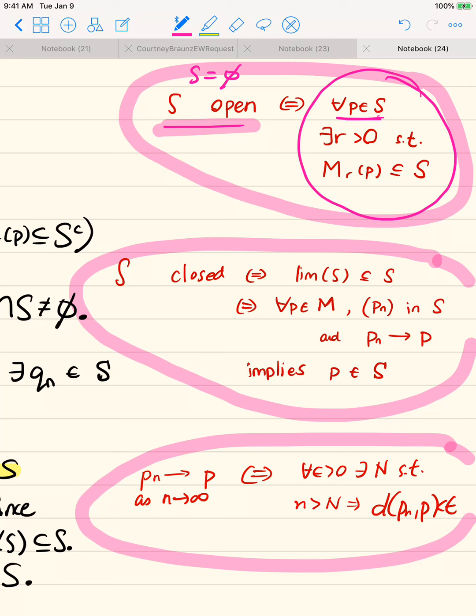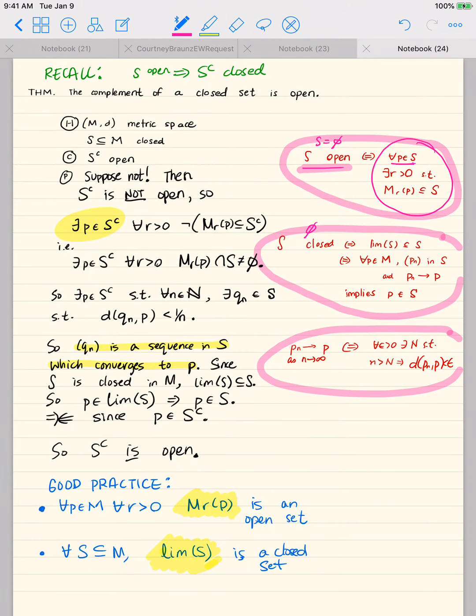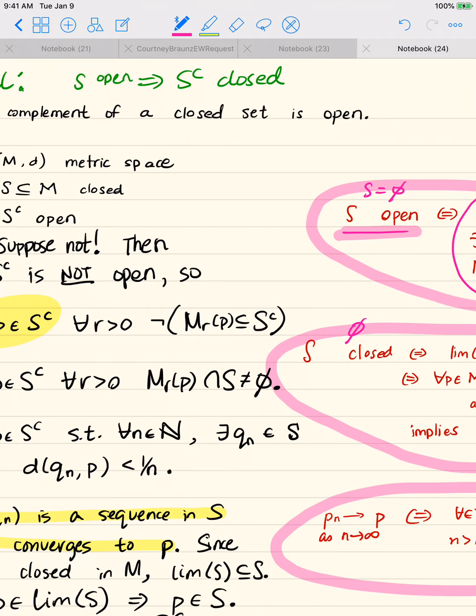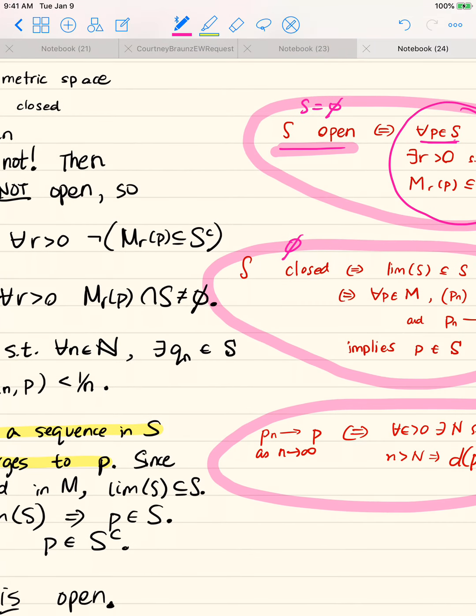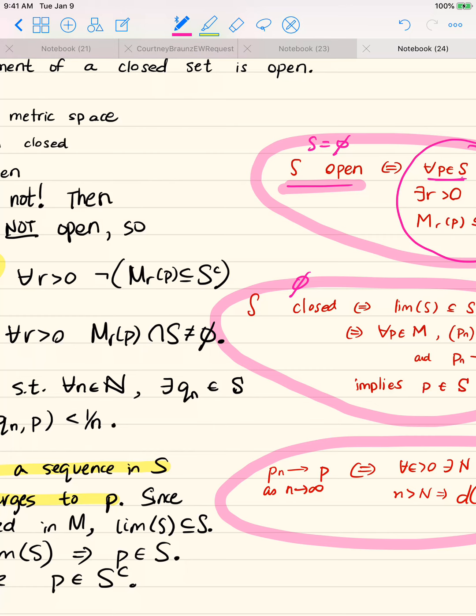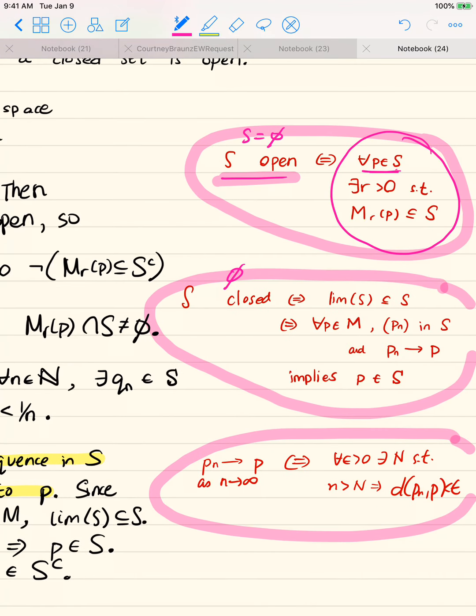And now what about, is the empty set closed? In order to be closed, that means for all points P, there's a sequence in the empty set that converges to P. You say, wait a minute, how does that make sense? What if we use our theorem that says if S is open, then the complement is closed, right? So if we show that M is open, that will imply that S is closed. Does that make sense?